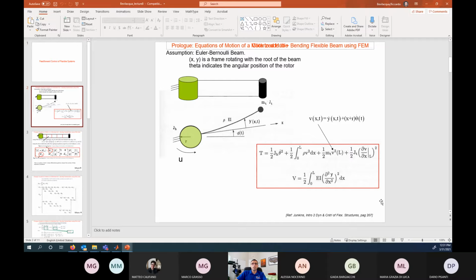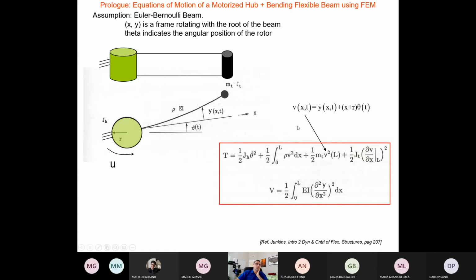Basically, the idea is, let's simplify things, because in general you will have to do a FEM model of your spacecraft to compute the modes and the frequencies. You really don't want to do it by hand, except for very special and simplified cases.